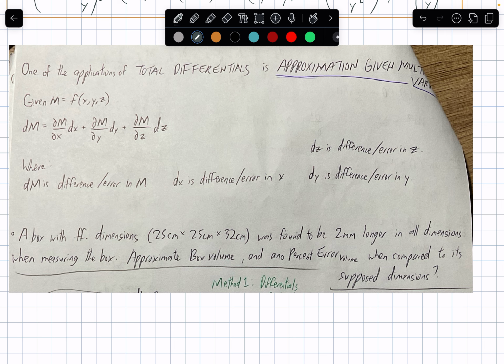Something that you have to know is that one of the applications of total differentials is approximation given multiple variables.